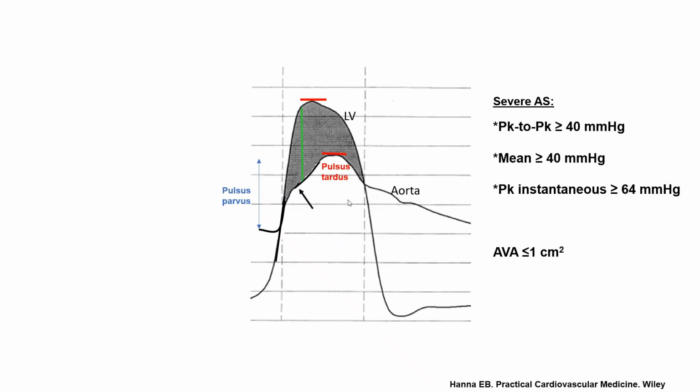Notice though that there are some things that may alter that morphology, particularly age. Older patients with non-compliant stiff arteries may have a sharper upstroke and less anacrotic notch. And they may have a more pronounced pulse pressure.